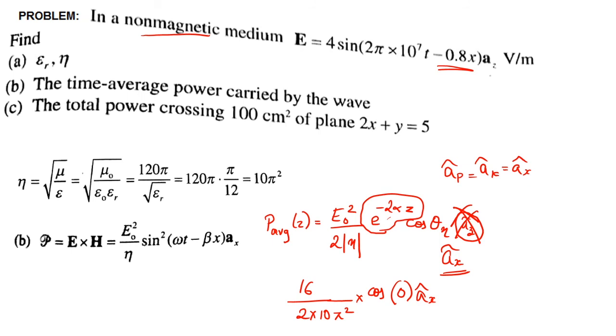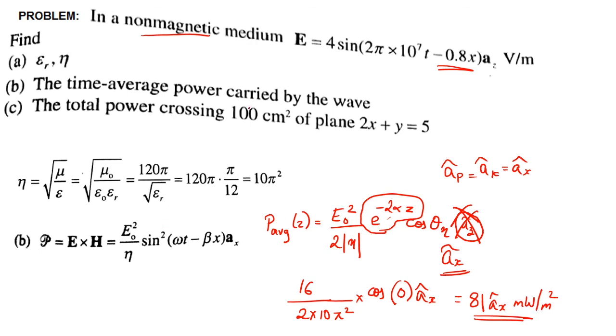And you get this value as 81 Ax, and this is milliwatts per meter square, because it is 81 into 10 raised to minus 3, so 81 milliwatt, unit vector is Ax.